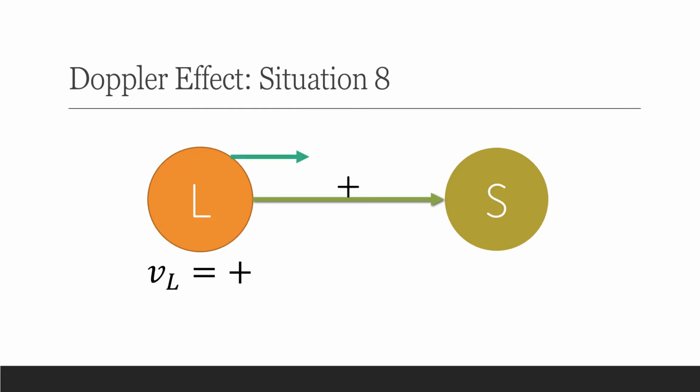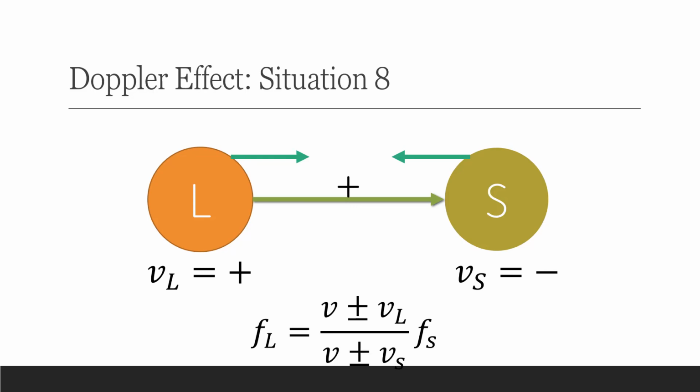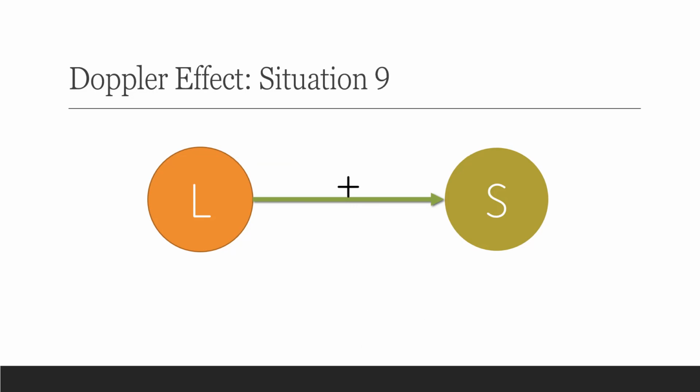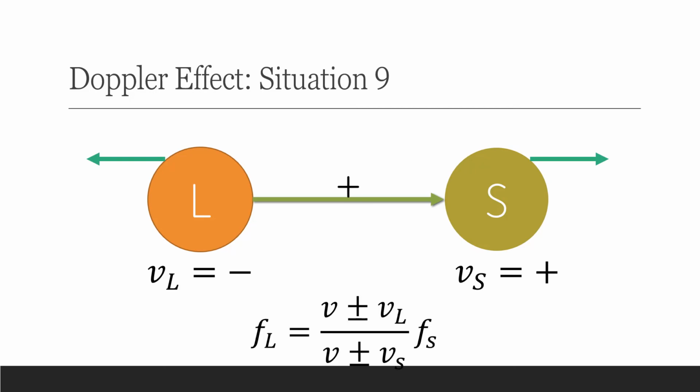When L is moving towards S and S is also moving towards L, then VL is plus and VS is minus, so FL is equal to this equation. And for the last situation, when the listener is moving away and the source is moving away from the listener, then VL is minus and VS is positive. So this will be the frequency heard by the listener.